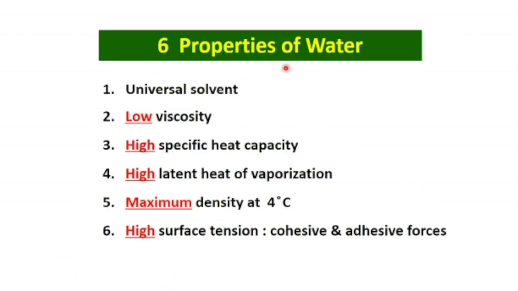There are 6 properties of water. First, universal solvent. Second, low viscosity. Third, high specific heat capacity. Fourth, high latent heat of vaporization. Fifth, maximum density at 4 degrees Celsius. And lastly, high surface tension.